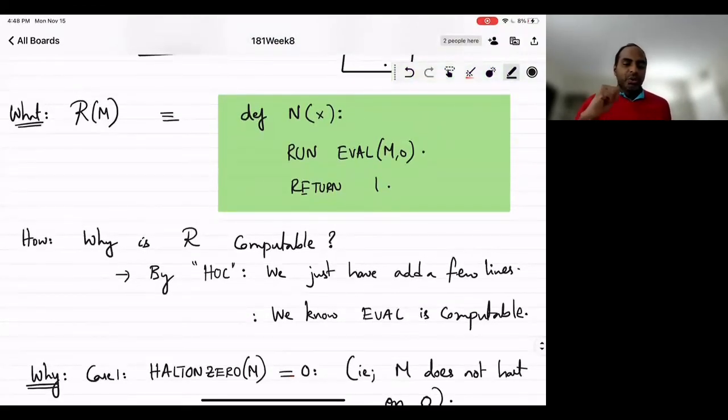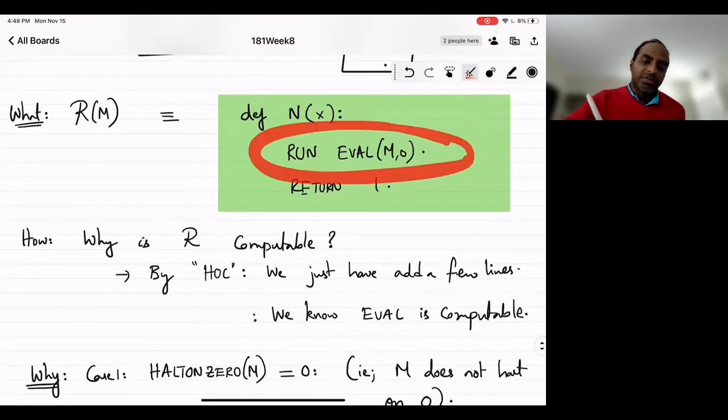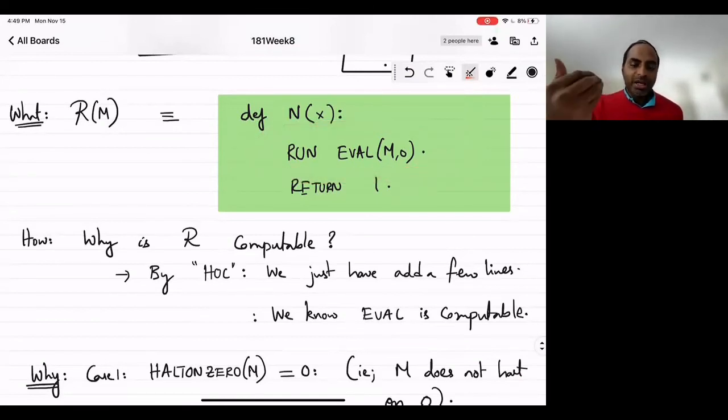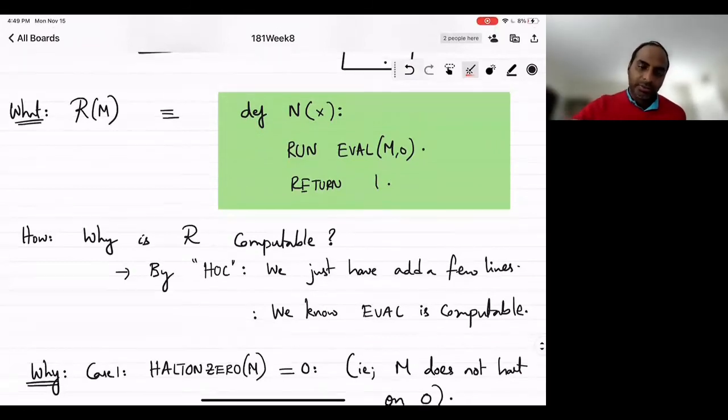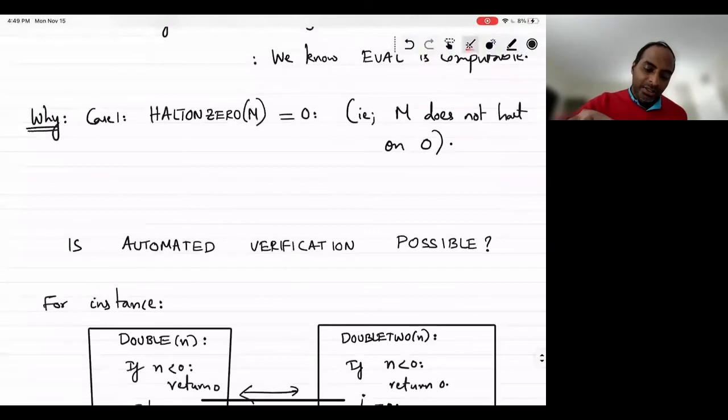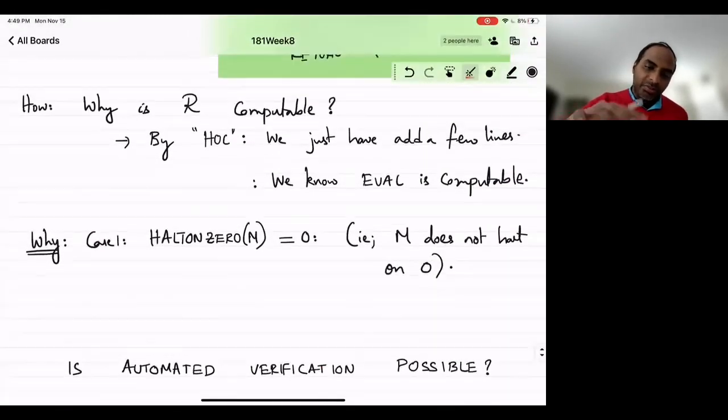The program R of M would always just be in an infinite loop. On any input it would not terminate, just because you're trying to execute this first step. So you never get to the second step. So on all inputs, the new program N is not halting. In particular, there is no input to make this new program N output 1. So what does this mean?